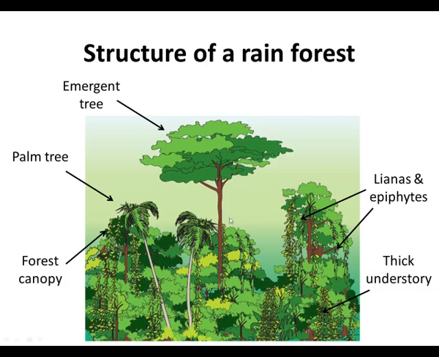And here you can see that the canopy layer is created by interconnected crowns of most of the trees. But once in a while you will see these very tall emergent trees emerging from the canopy. And palm trees are one of the unique characteristics of tropical rainforests. So you will definitely see a bunch of palm trees.